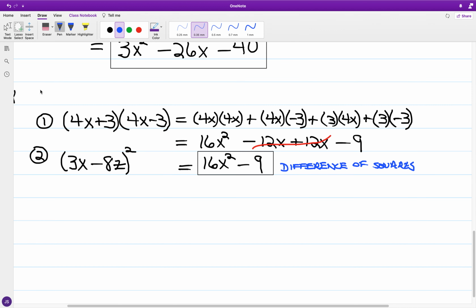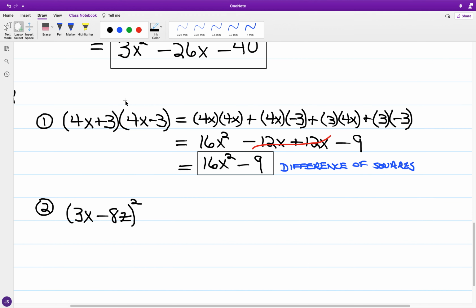Now, as for what we have in the case of the square of 3x minus 8z, again, either approach can be taken.